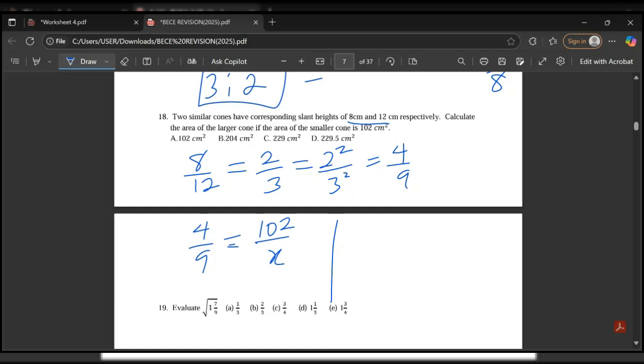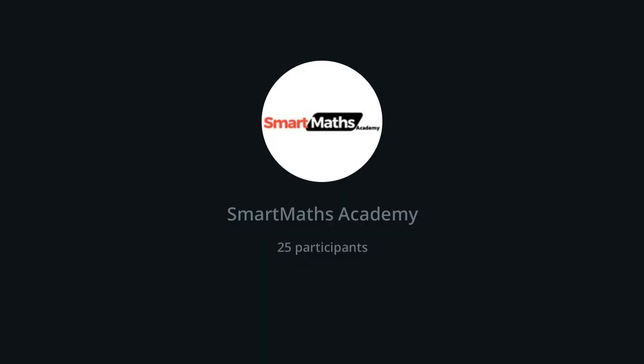So we can use 4 to divide 102. 2 can divide it: 2 here is 2, and 2 here gives us 51, just to simplify our work. So we now have 2 over 9 equals 51 over x. Then we cross multiply, so we have 2x equals 9 multiplied by 51.